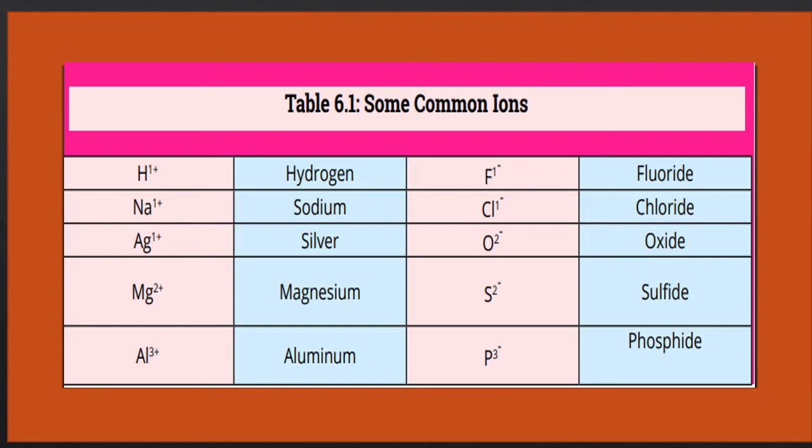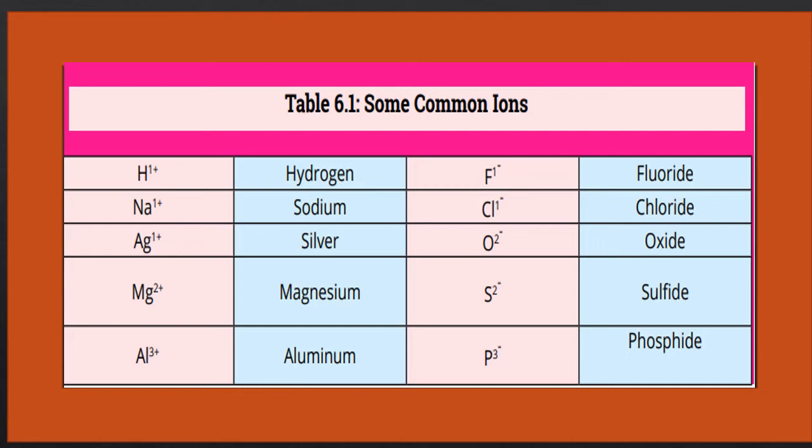Hydrogen 1 positive means that hydrogen loses its 1 electron. Silver 1 positive means that silver loses its 1 electron. Magnesium 2 positive means that magnesium loses its 2 electrons and becomes a cation. In a similar way, aluminium Al3+ means that aluminium loses its 3 electrons and becomes a cation.